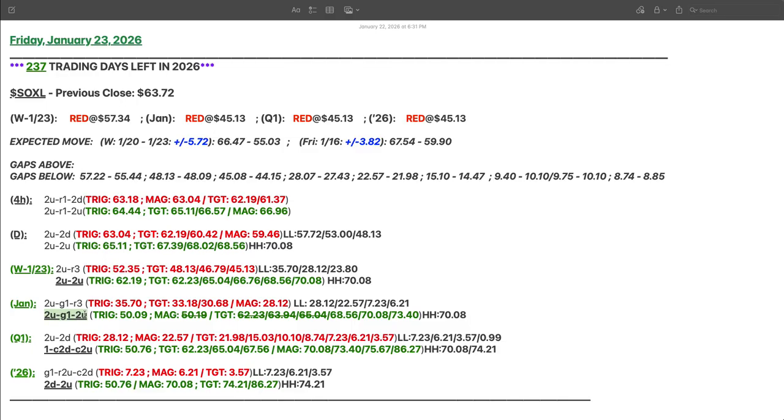But on the month, we did trigger the 2-1-2 up, locking in November as a higher low, and going above October's high to make a higher high and start an uptrend on the quarter. We've made it to a couple of targets on the way up to the 70.08 magnitude, but we've got one more out there before we get to that 70.08 in our opinion.